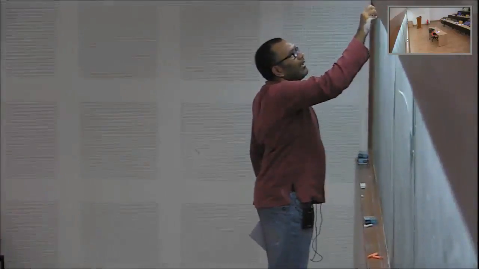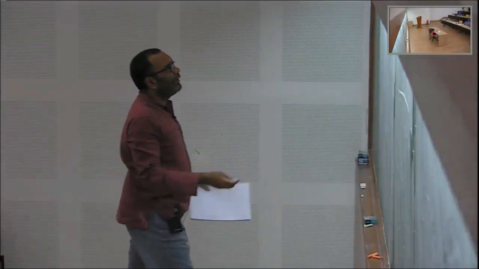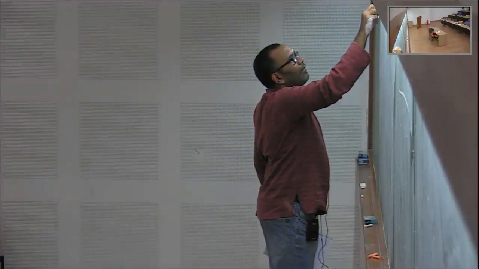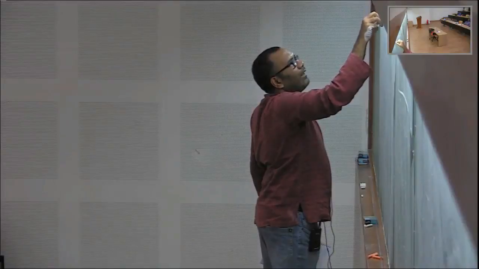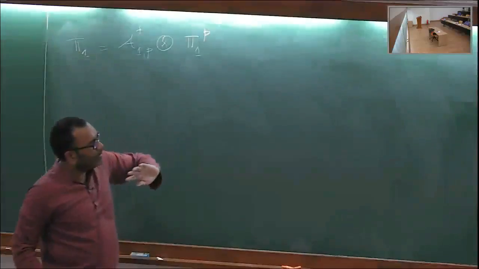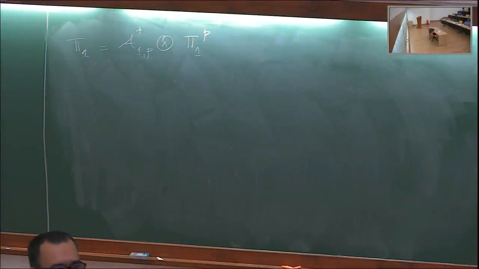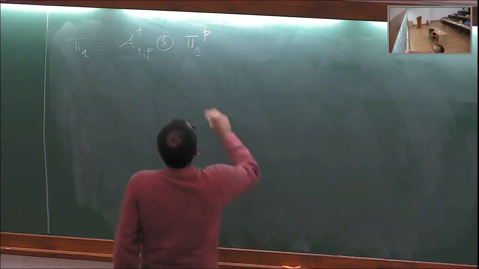The Hecke algebra T1 is going to have a component at P, and then a component away from P. Here I'm going to take my tame level to be maximal compact, which means it's your usual Hecke algebra at primes not dividing the level.